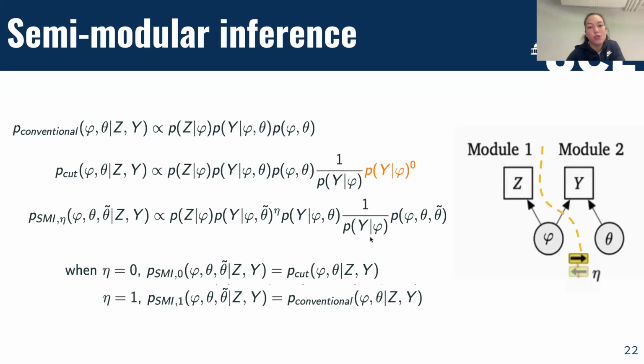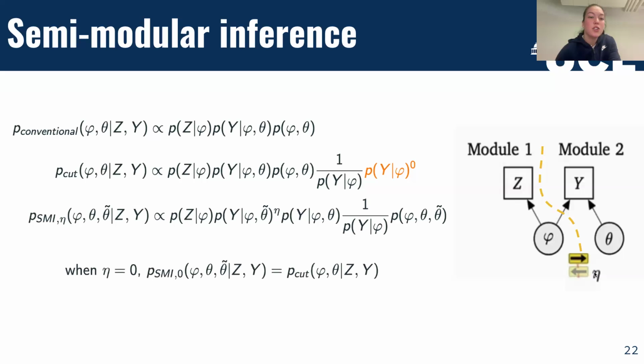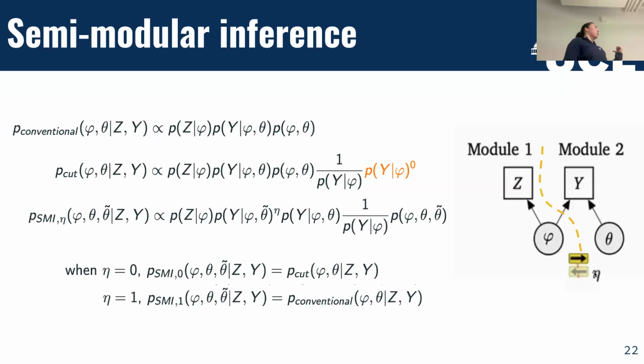Then these two, basically, this is what you're going to have again when you marginalize, because this is over theta tilde. It's also going to get out of it, and it's essentially going to mean that the semi-modular inference, when eta is equal to 0, that posterior would be exactly the same as the cut posterior. And that makes sense, because if you think that eta is 0, that's exactly the picture that we get when we were looking at the cut posterior. So basically, absolutely no influence. Does that make sense? Okay.